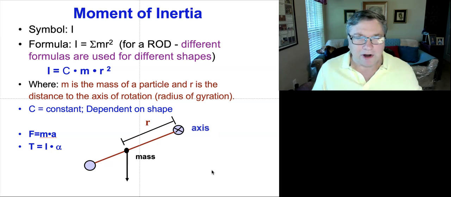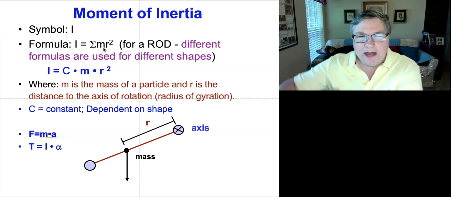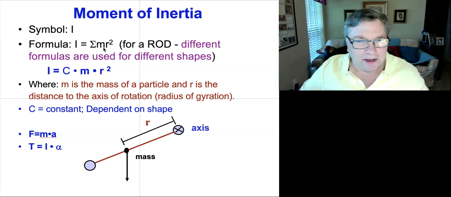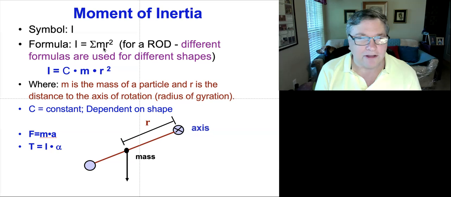The radius of gyration is roughly the distance between the axis of rotation and the center of mass. Technically, it's the sum of the masses and their individual radii of gyration. If you are into calculus and computer programming, that's how you would do it. So our formula is just going to be an approximation.